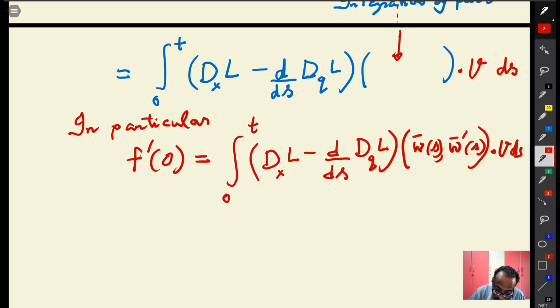And this is true for all V smooth with V equal to 0 at the boundary.